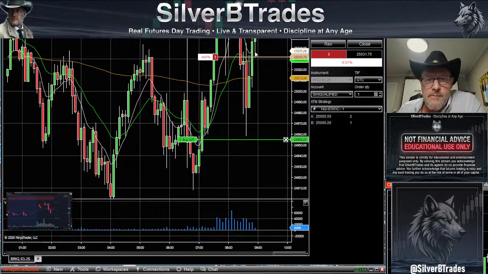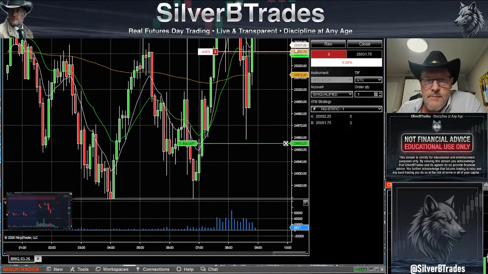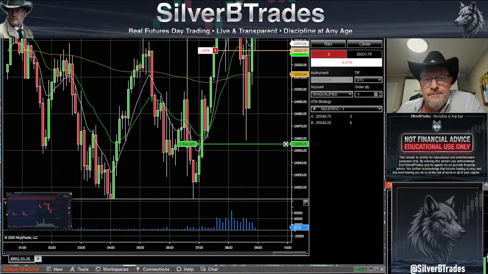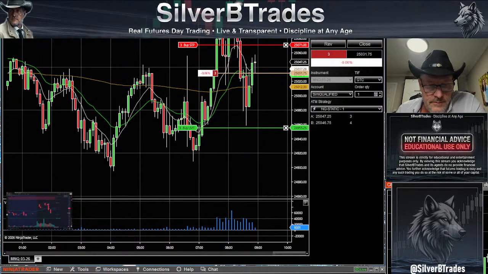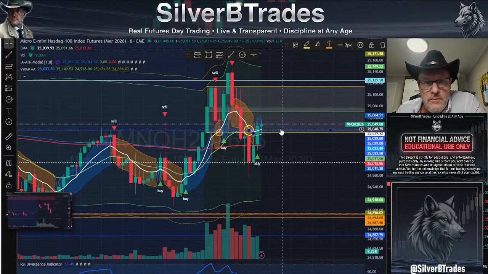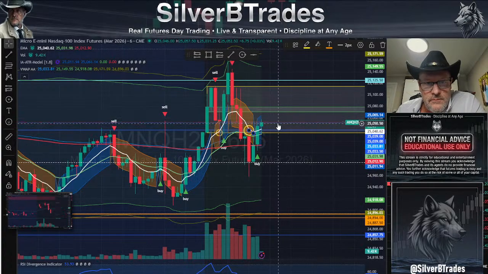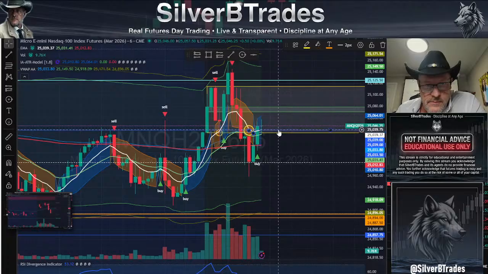We might just chop around though. So if we just end up accordioning, going back and forth, I don't like how that candle looks. I like how it's at lower volume. I don't like how that candle looks. We'll see.